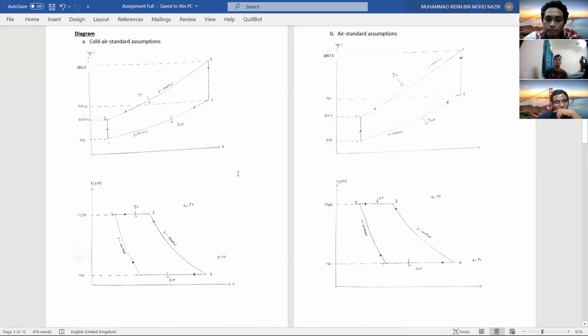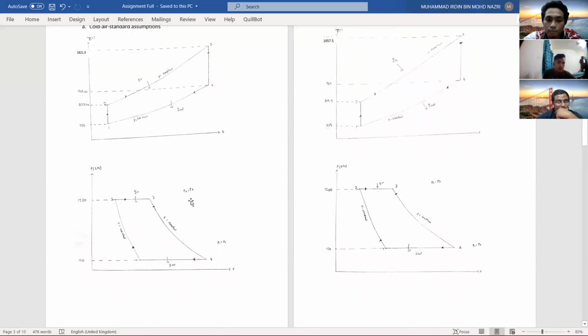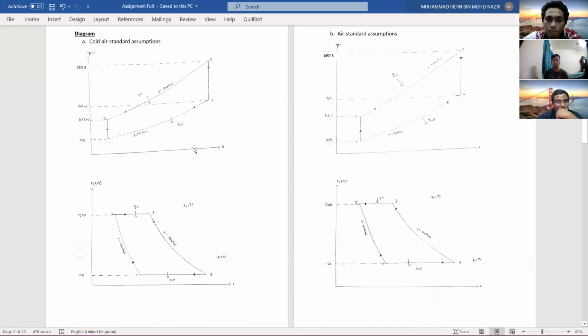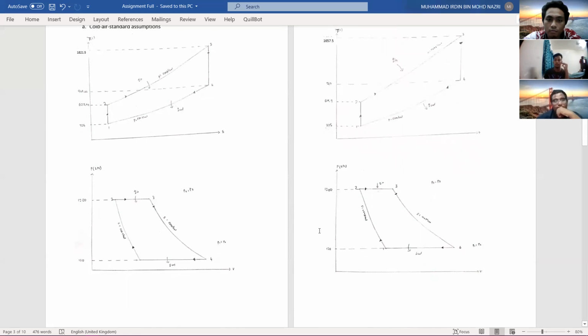We also chose the parameter Q in, which is the same for both assumptions. The difference in values, as you can see here, will be further explained in the calculation part by Sharif and Inges. I think we go to the next part.